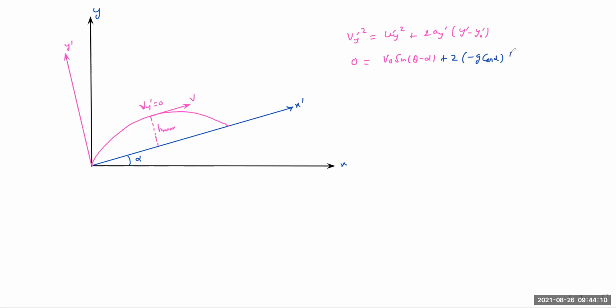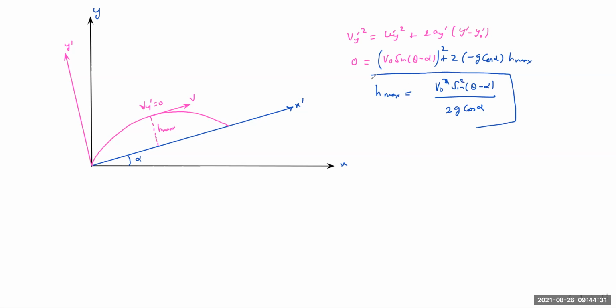This is what you need to remember. This is h max. So the h max turns out to be v naught square sine square theta minus alpha by 2g cos alpha. So this is your maximum height.